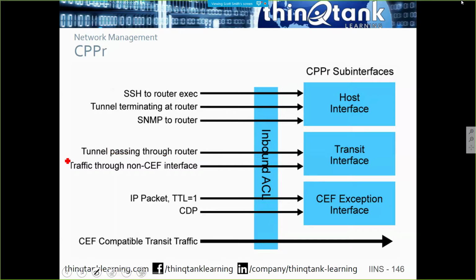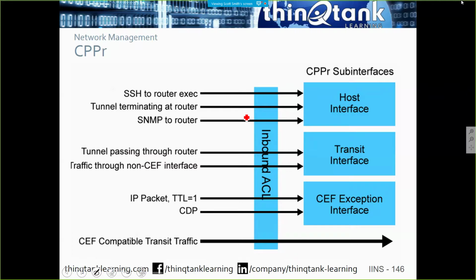Now, this inbound ACL allows us to identify what's allowed to go up to that transit interface. And, by the way, we can apply rate limiting conditions.